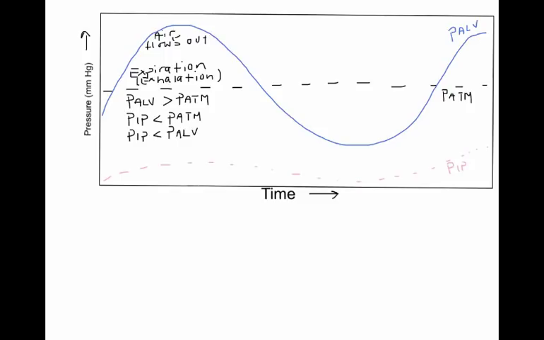So how do we create this change in pressure? Well, in order to make the pressure higher in the alveolar space, we have to take that volume of gas and squeeze it into a smaller space. So in this situation, the volume of the thoracic cavity is going to decrease.